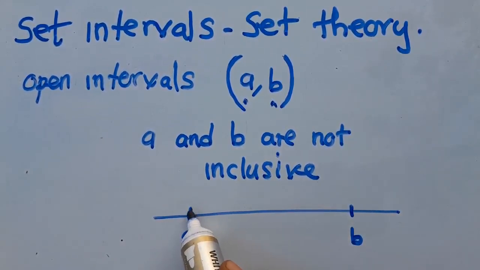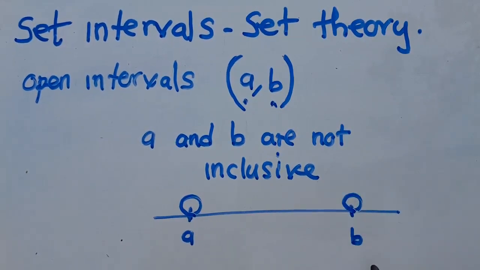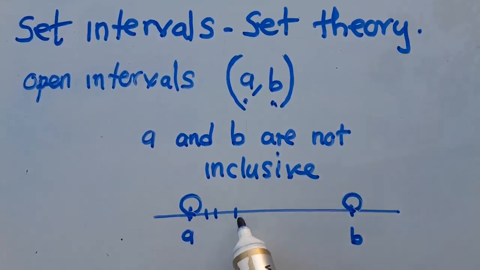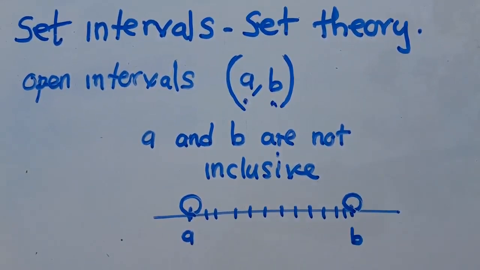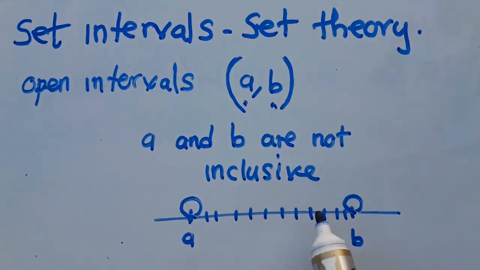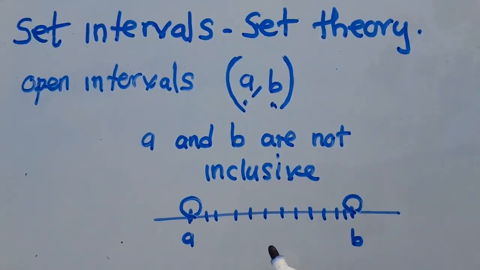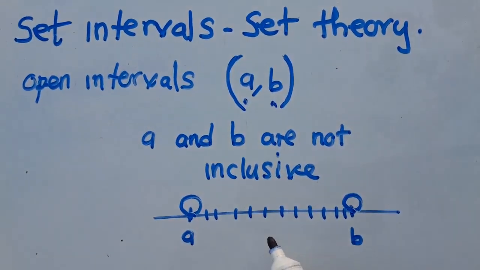You just put a circle here and a circle here. You are showing that the numbers A itself and B are not inclusive, but this part in between is the part that we are interested in. This is what you need to know and understand under this.